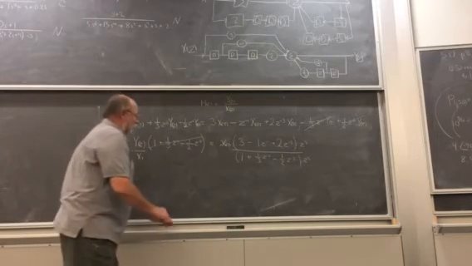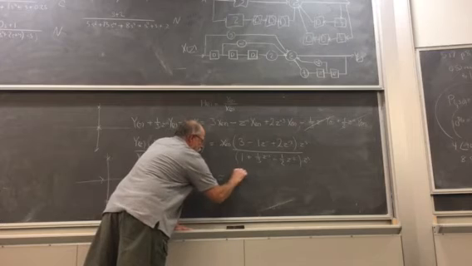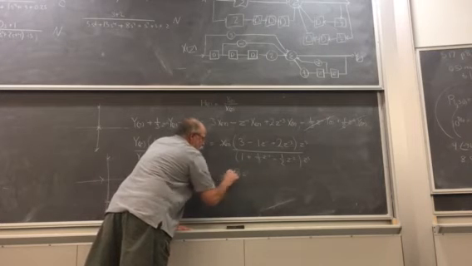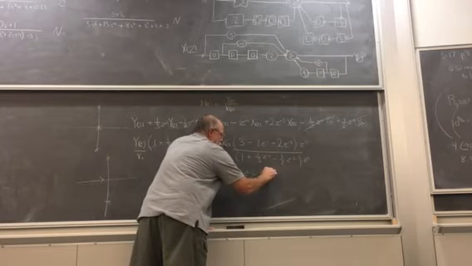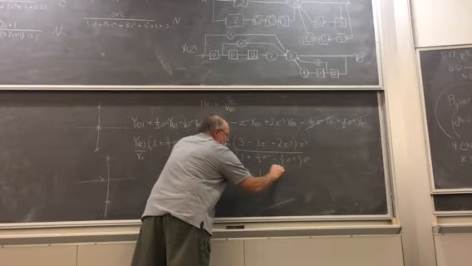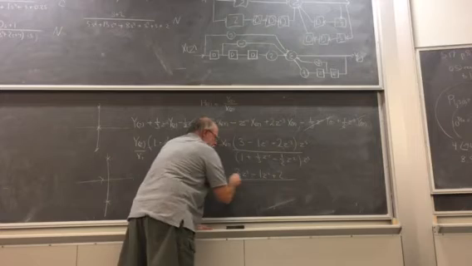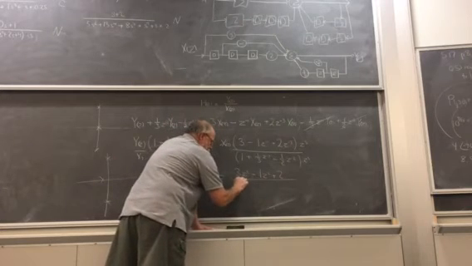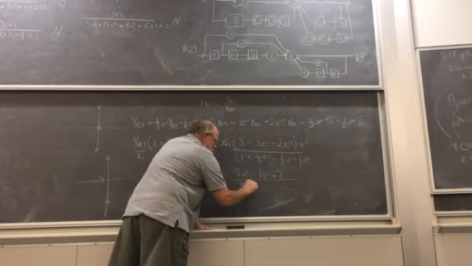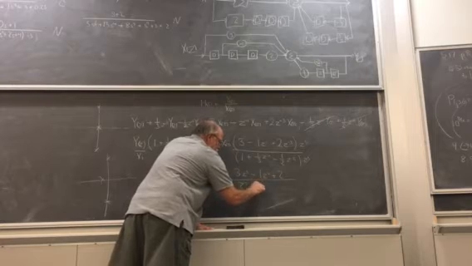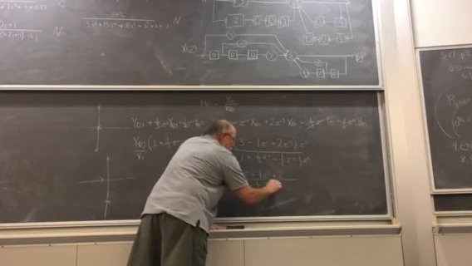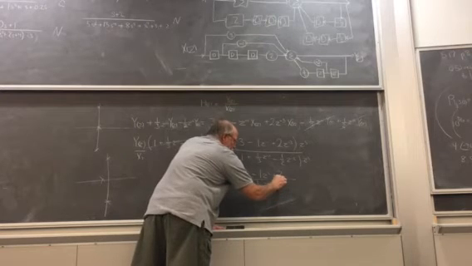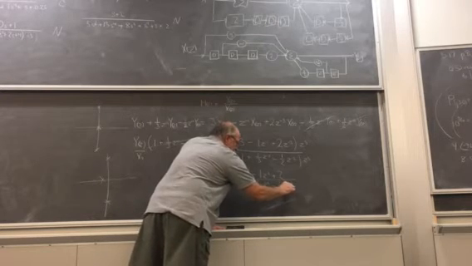And then what will we end up with? 3z cubed minus 1z squared plus 2 divided by z cubed plus 1/3 z squared minus 1/2 z.